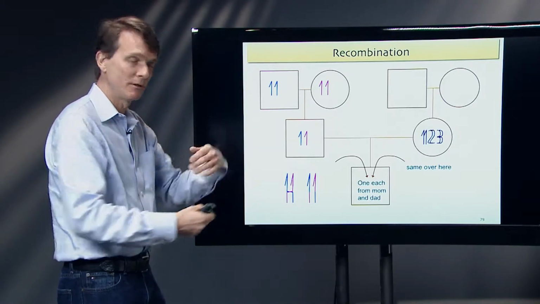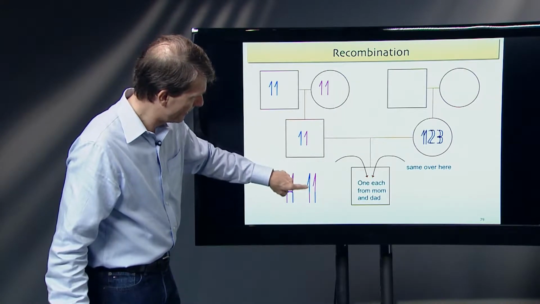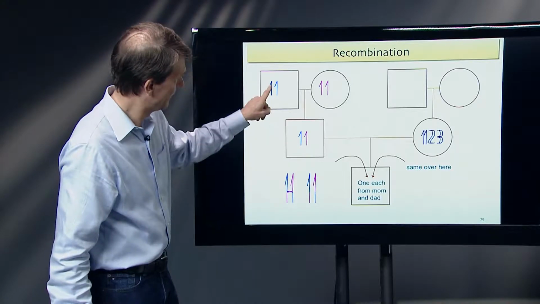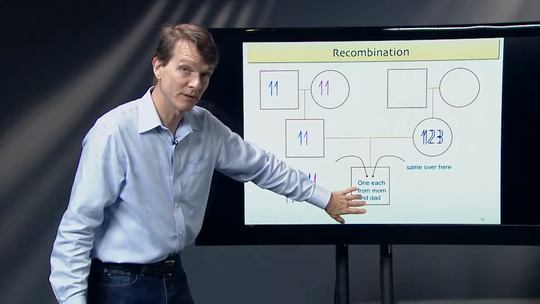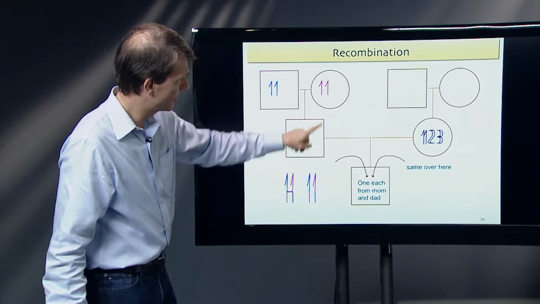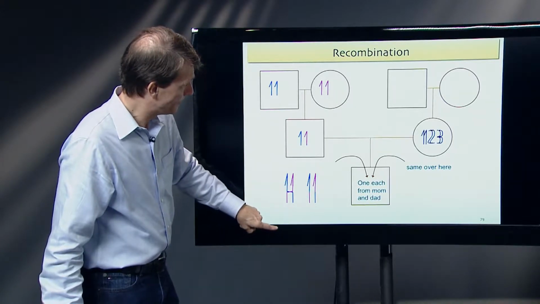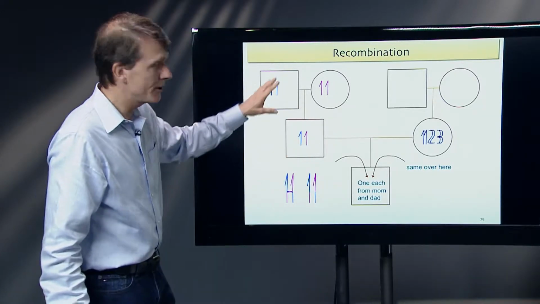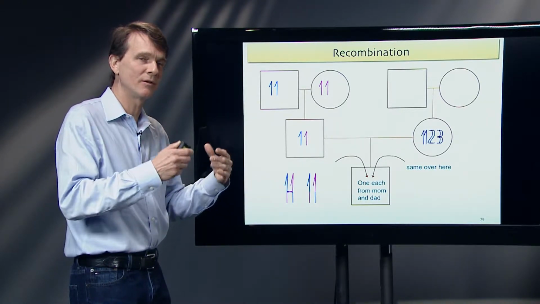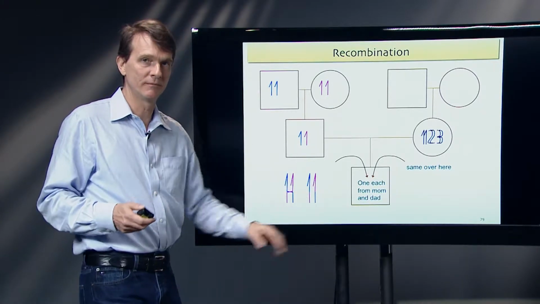And then they switch. And so now you get sort of a hybrid chromosome, if you will, where this piece comes from grandfather with respect to this person here. This piece comes from granddad, and this piece comes from grandmom, right? So recombination further increases the universe of possibilities, if you will, in the second generation.